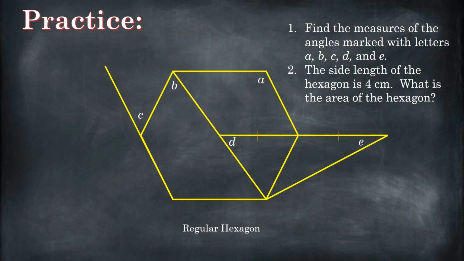And then number 2 goes back to some triangle stuff. This is a tricky one right here, finding the area of this triangle. If you figure out the angles and you know that the side length is 4, then you can figure out the area of this triangle.